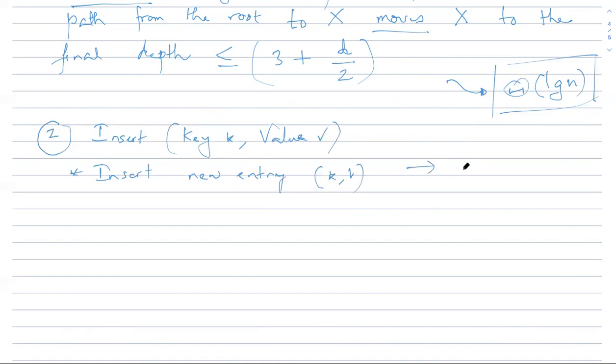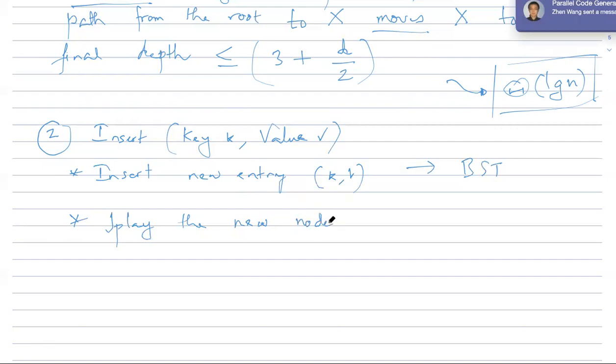This step is an ordinary binary search tree step. So there is nothing new here. Then we splay the new node to the root. So how? By a series of the splay operations, a series of these zig-zag operations that we discussed.